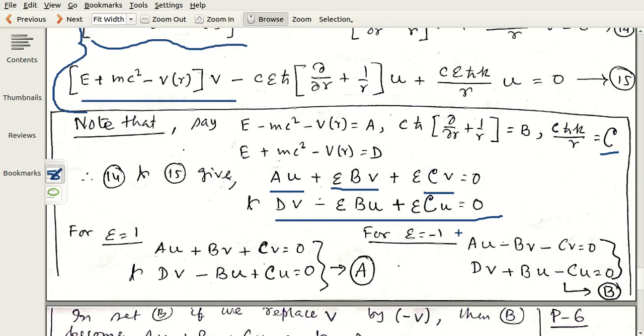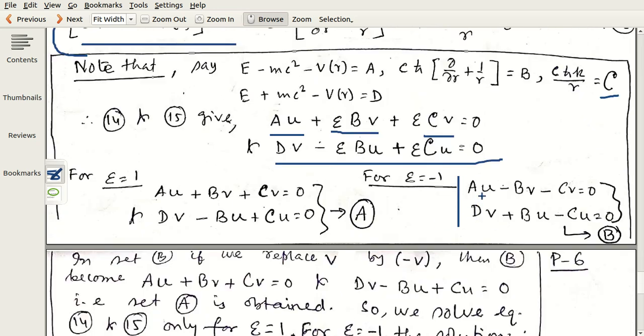Now if you focus here and apply a transformation, you keep U as U, not changed, but you change V to minus V. So in set B, if we replace the V function by minus V, then this becomes AU plus BV plus CV, which means this equation. Put V equals minus V, and this becomes minus DV plus BU minus CU.